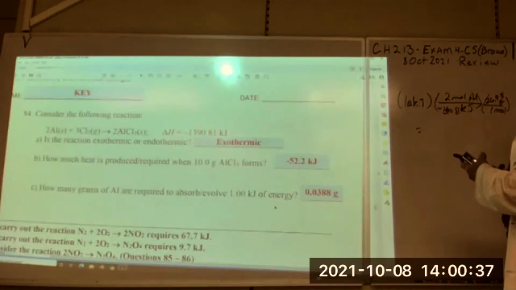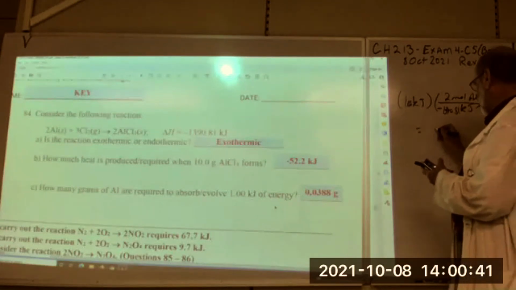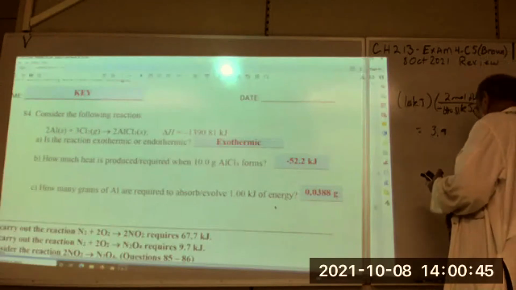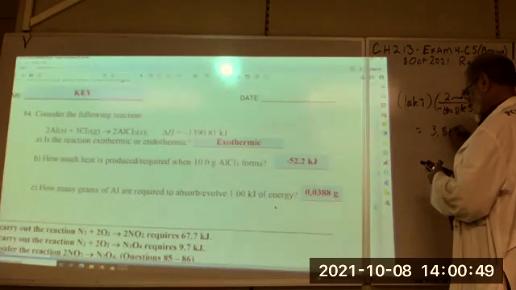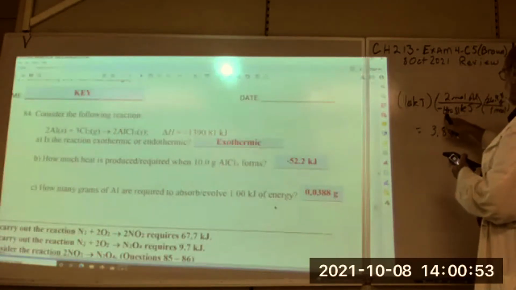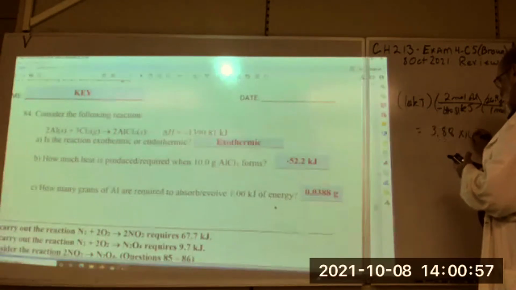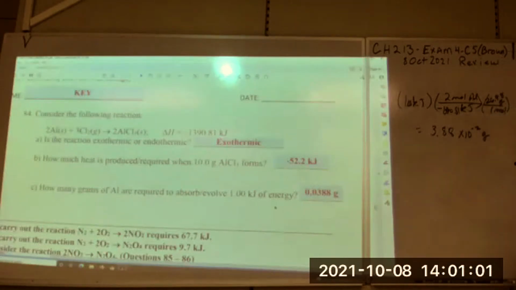I came out with 3.88, in 3 significant figures, times 10 to the minus 2 grams. Okay, and that's equivalent to 0.0388.